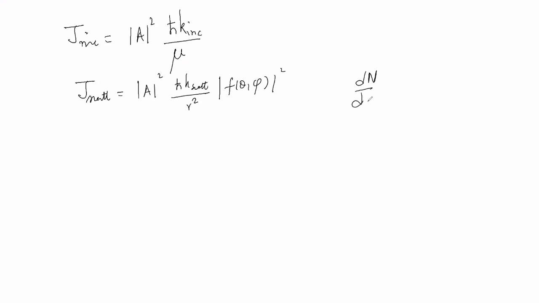Now, what is dn by d omega? This is the number of particles scattered into a solid angle d omega.